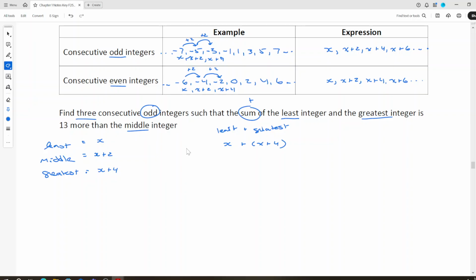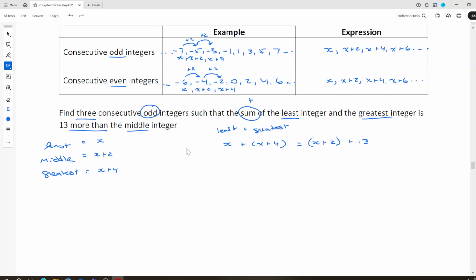Okay, but the least and the greatest is 13 more than the middle. The middle integer is x plus 2, and this is going to be 13 more than that. So this is the sum of the least and the greatest is 13 more than the middle.